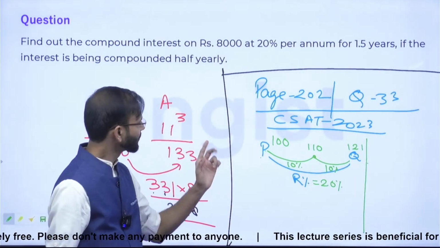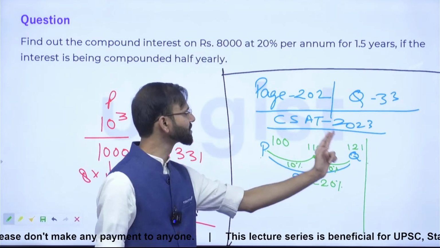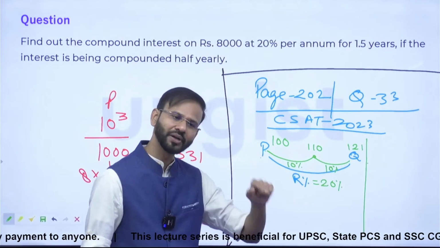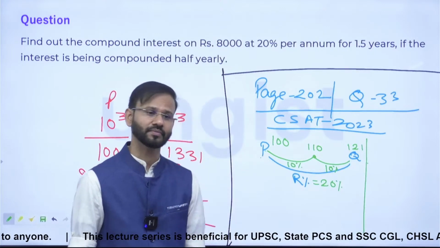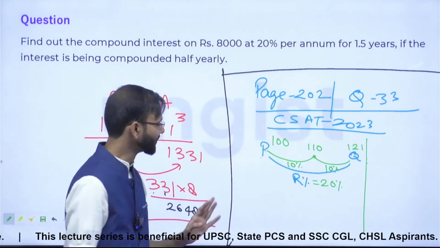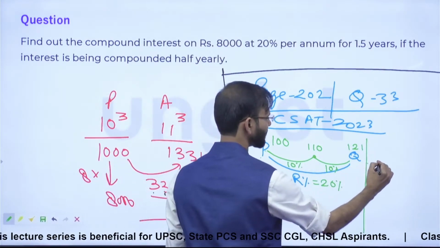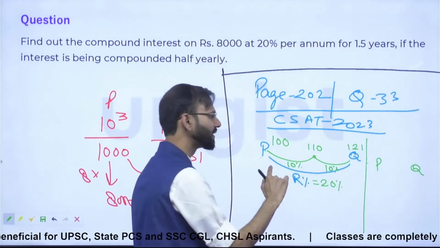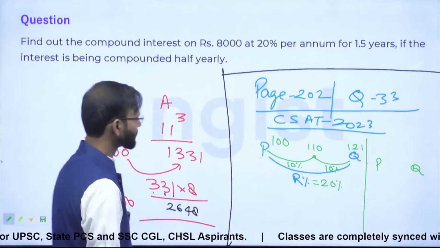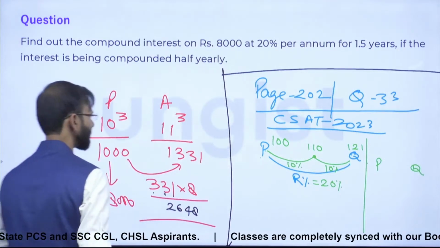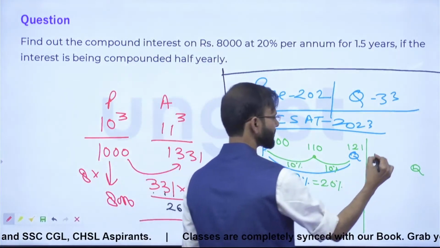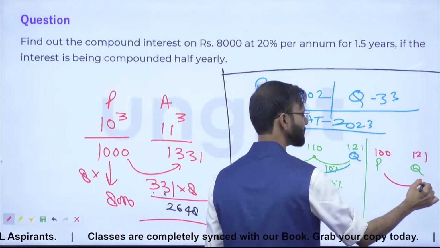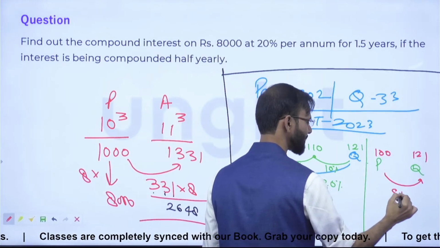Now case 2. The question is saying P again becomes Q with S% rate of interest when compounding is done annually. I repeat, P becomes Q, but this time compounding is done annually. So according to us, P was 100, Q was 121, so 100 becomes 121, but this time compounding is done annually, with S% rate of interest.